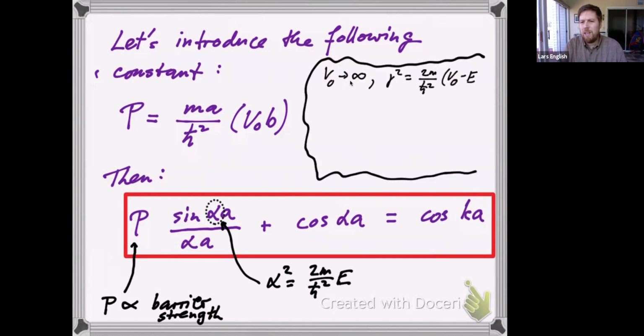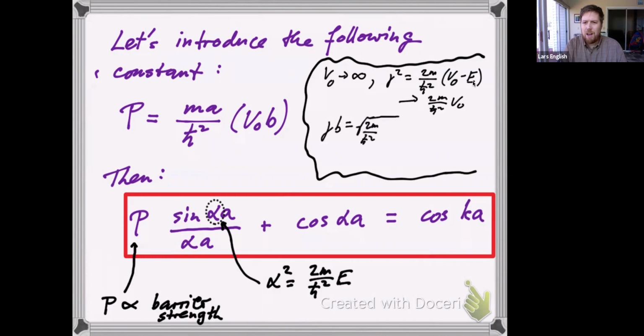We let V naught equal infinity, and so the gamma squared now is really 2m over h bar squared times V naught. We can drop the E here because when V naught gets large, the E kind of doesn't matter. It completely outshines the E, overwhelms the E. So we can drop the E in this approximation, okay?